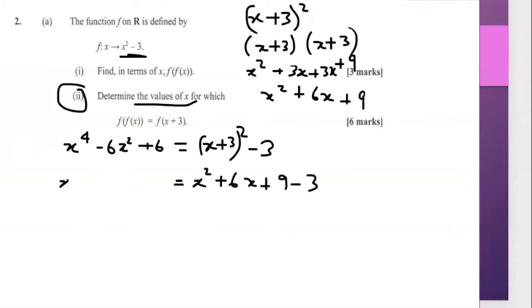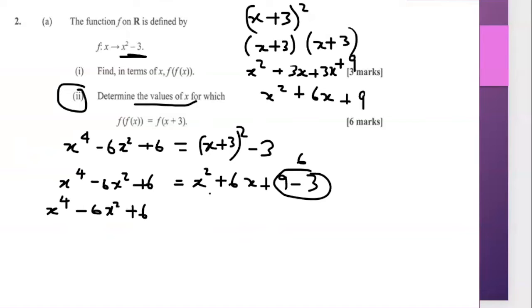9 minus 3, we can simplify that, but before I do so, let me rewrite my left hand side. So I have my left hand side as is, that was found on the previous slide. Now 9 minus 3, that's 6. So I have x to the fourth minus 6x squared plus 6.